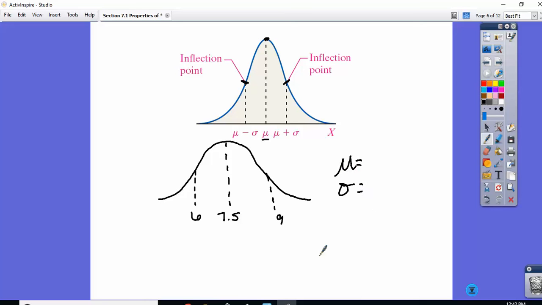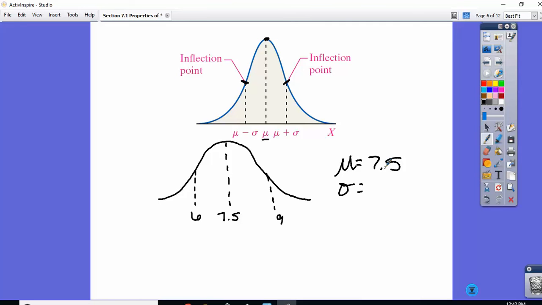And we know the mean is where we have the peak of our graph, so the mean is 7.5. To get your standard deviation, you have to look at these inflection points, so where my graph curves the other direction. Those happen at 6 and 9. The standard deviation is how far those are from the mean.